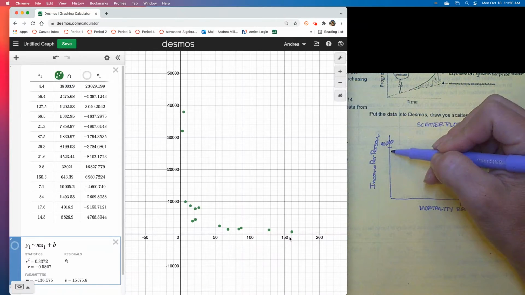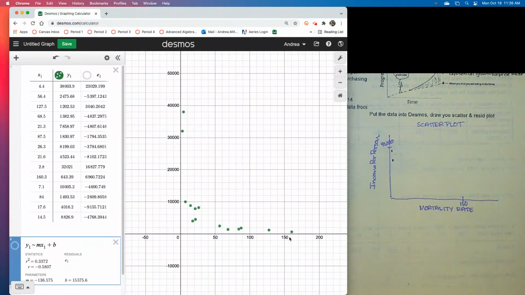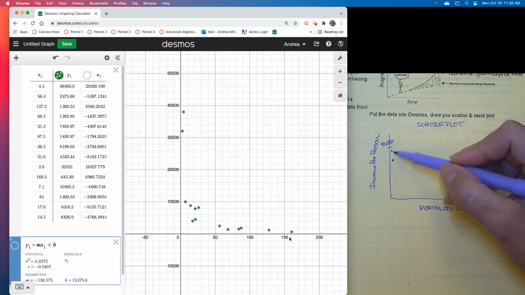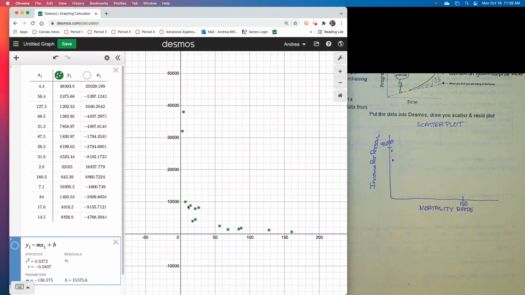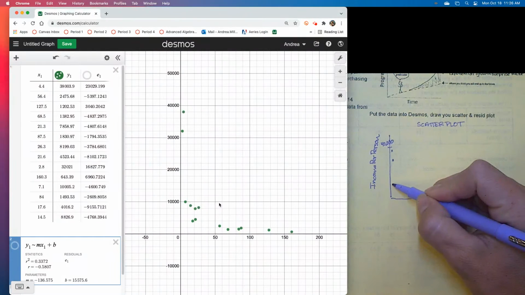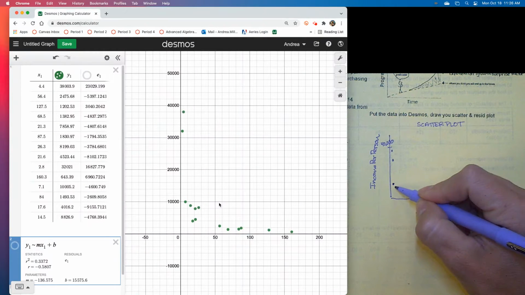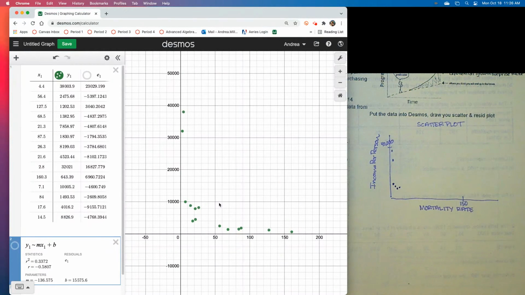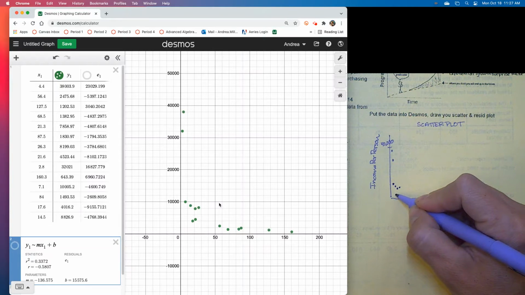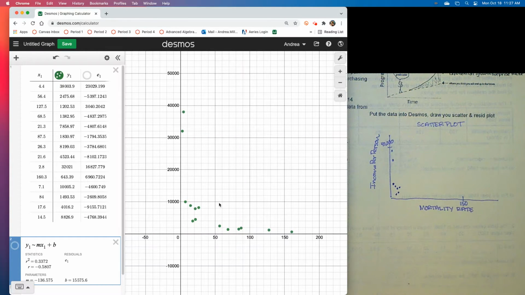All right, I've got two dots that are kind of high up over here, right near the y-axis. Then I've got a cluster of four dots kind of over here and two below it, so maybe I'll graph those as best I can. Something like that. I've got two kind of down below, down there.